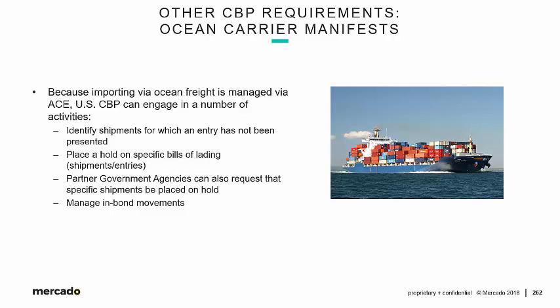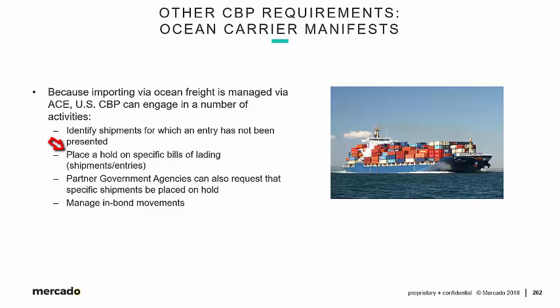First of all, using the carrier manifest, CBP can identify shipments for which an entry has not been presented. Ship arrives, cargo's here, manifest had been presented, entry has not been executed upon by the individual importer that appears on a manifest.